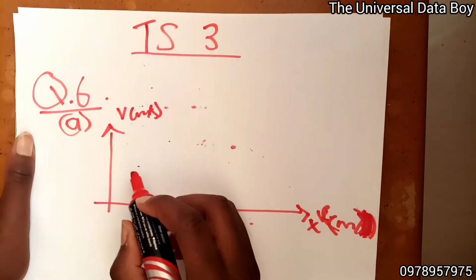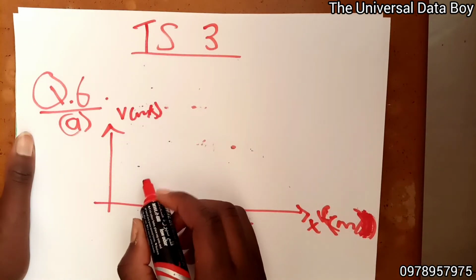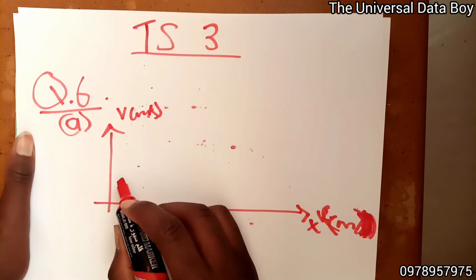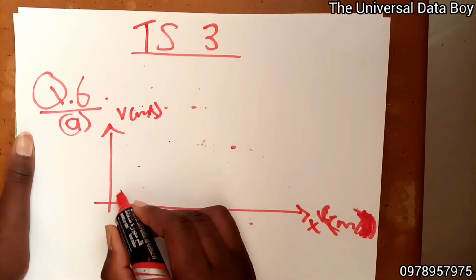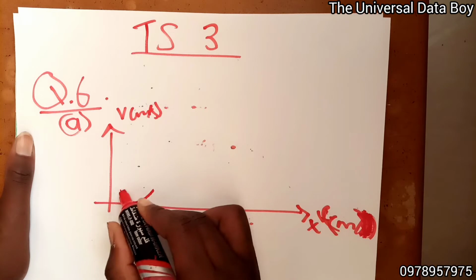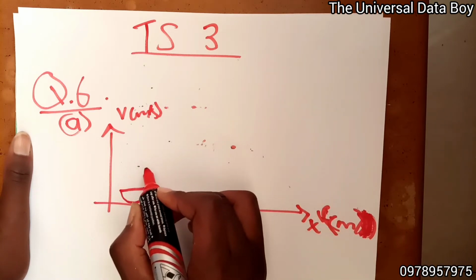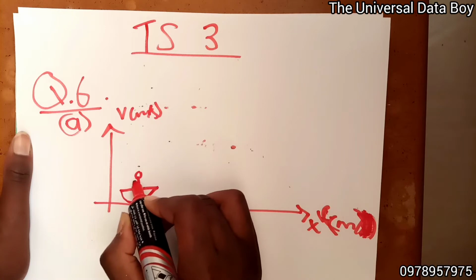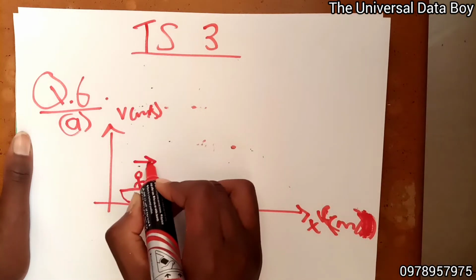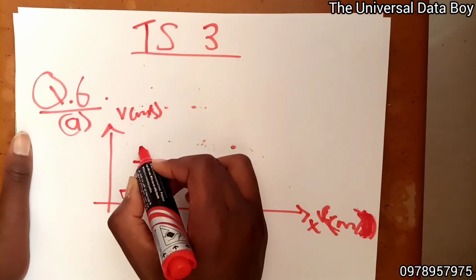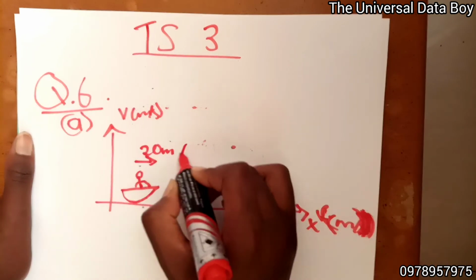Now we are going to have this boat, a rough sketch of a speedboat. It's going this side at 20 meters per second.